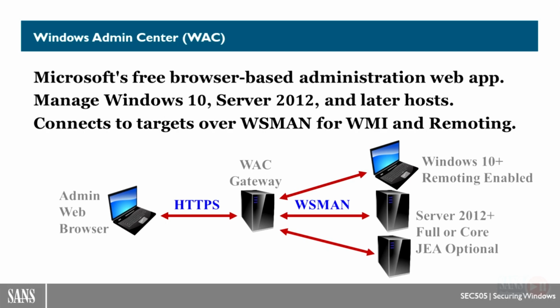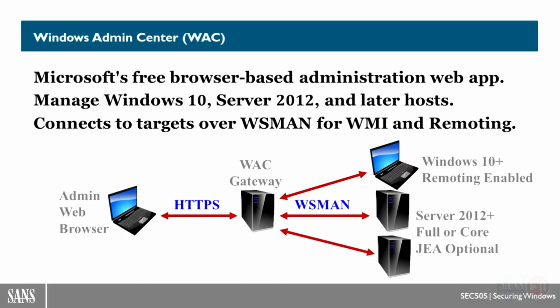So anywhere in the world, you could have your laptop, authenticate to the Admin Center gateway over a TLS channel, and then now you could access, how about your machines inside the LAN, in the DMZ, or how about in the cloud somewhere? Who knows, maybe the Windows Admin Center gateway is itself a virtual machine hosted by a cloud provider.